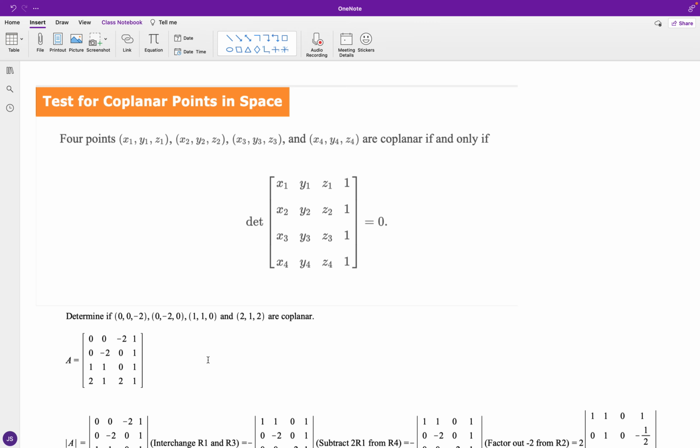So for the matrix A, you have your first x, y, and z followed by 1: 0, 0, negative 2, 1. Then the second set: 0, negative 2, 0, 1. Third set: 1, 1, 0, and 1. And then 2, 1, 2 followed by 1.